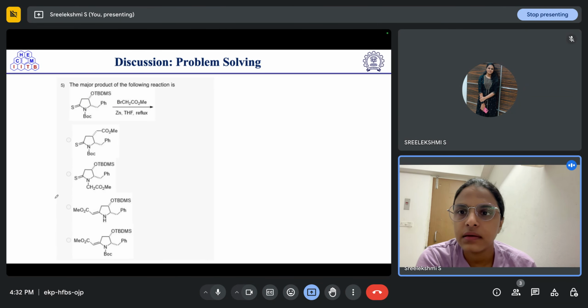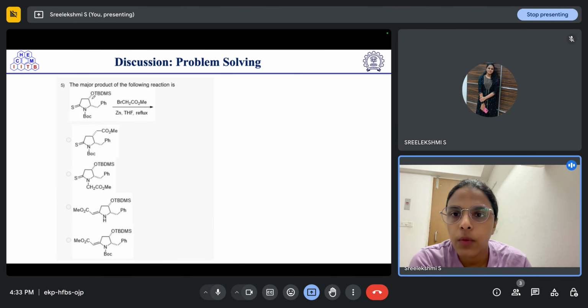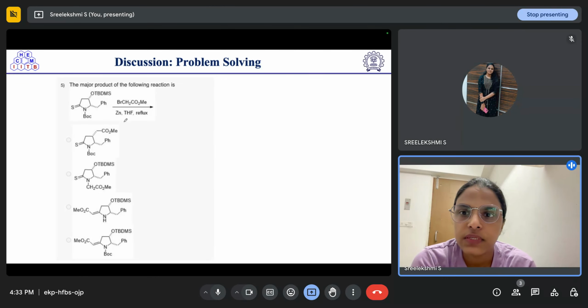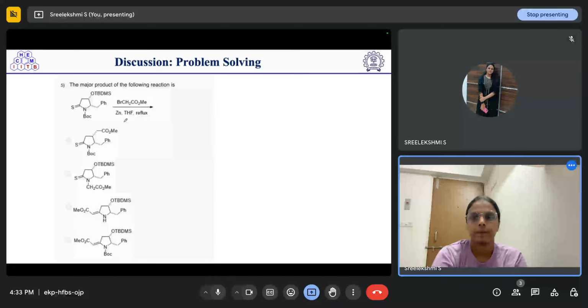Moving to the next question. The major product of the following reaction. So here this compound is treated with this alpha bromoester compound in presence of zinc and THF under reflux condition. So which will be the reaction, what is its mechanism, and which will be the product here?